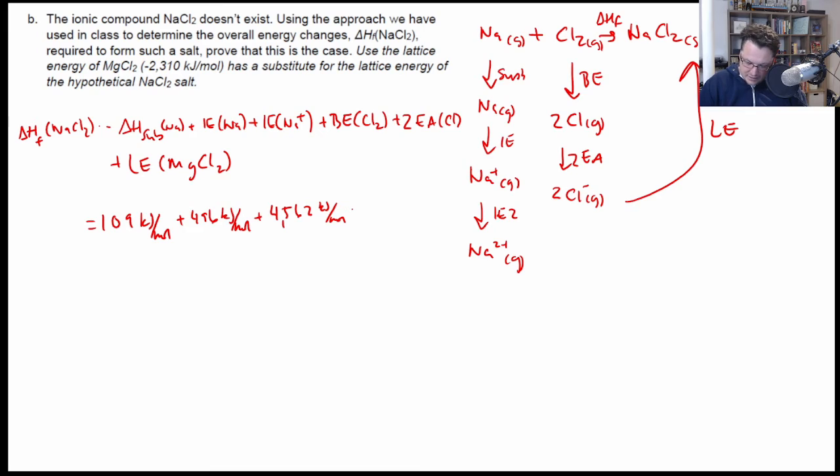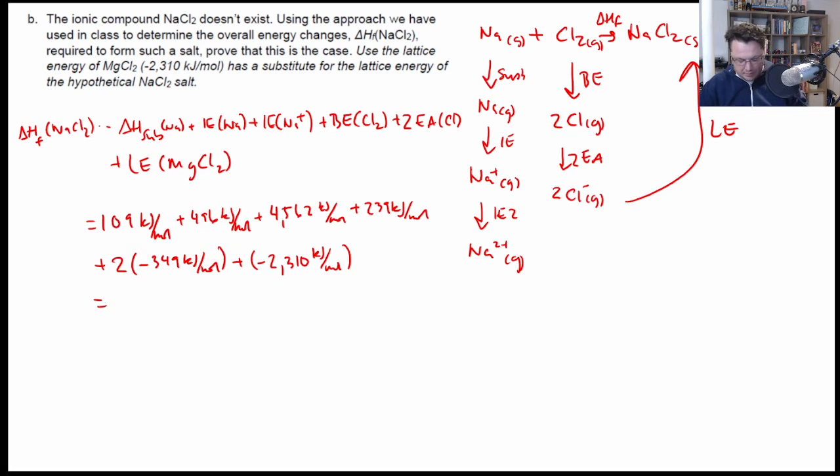And so the next, the bond energy, is 239 kilojoules per mole, plus 2 times the electron affinity value for chlorine. I'm just going to use the published value of negative 349 kilojoules per mole, plus the lattice energy that we're using for the magnesium chloride, so that's negative 2,310 kilojoules per mole.